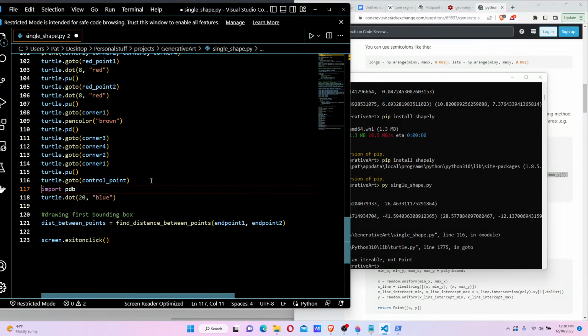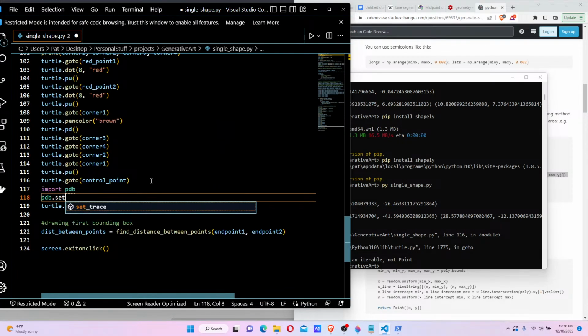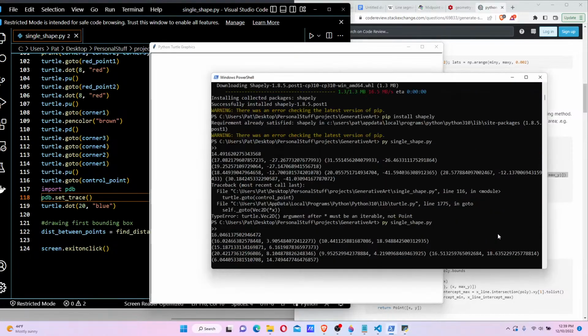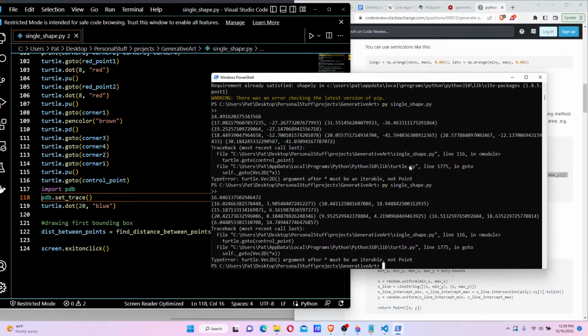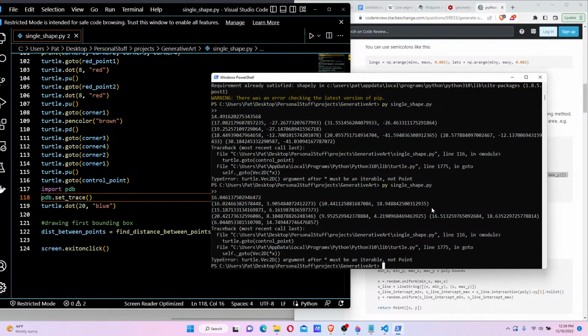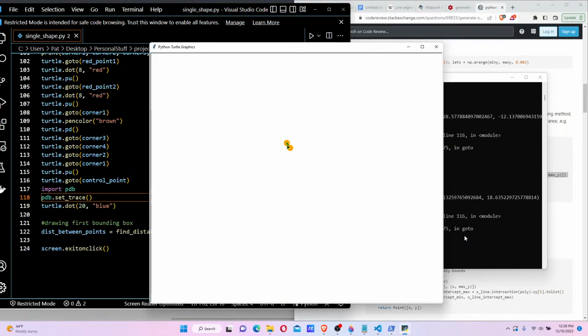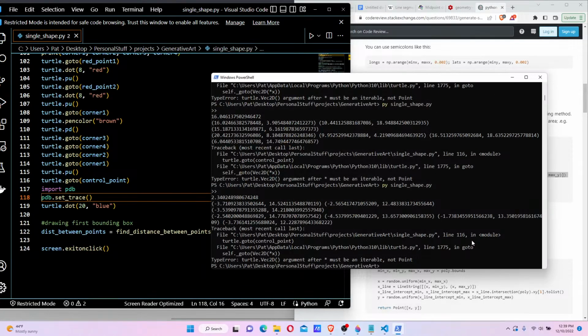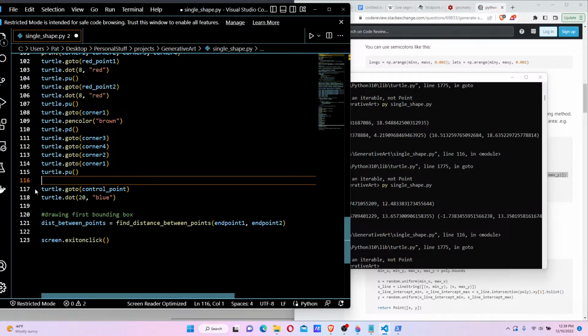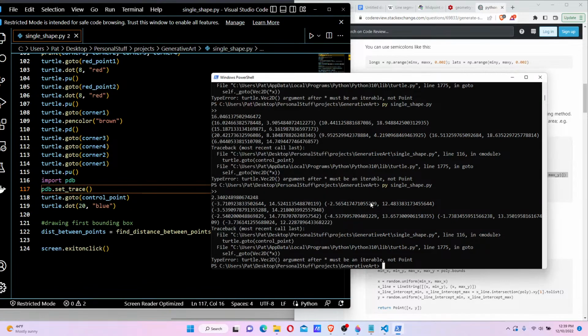Import pdb.set_trace. Pick that up, put it in there before the line. Now it should be good.